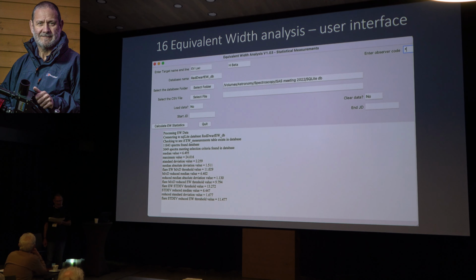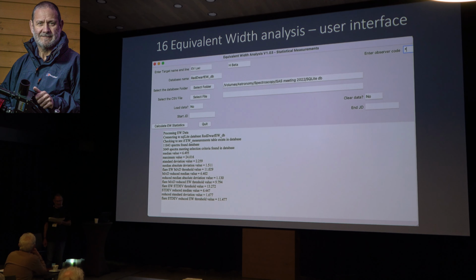Right, next slide. Yes. EV Lac hydrogen beta equivalent widths for all observers. MJD stands for modified Julian date.